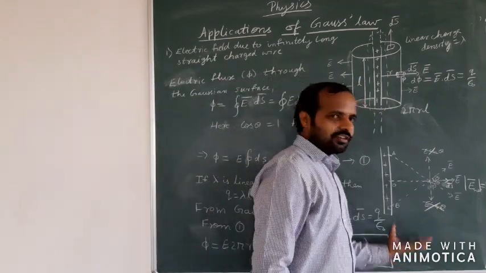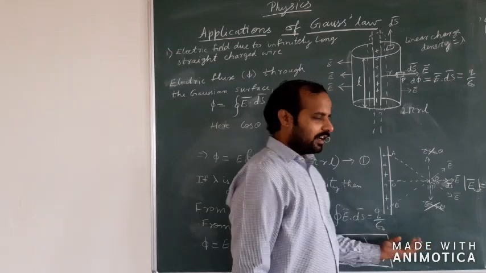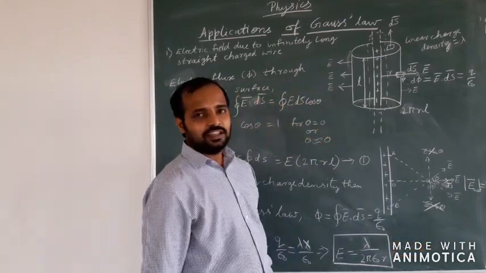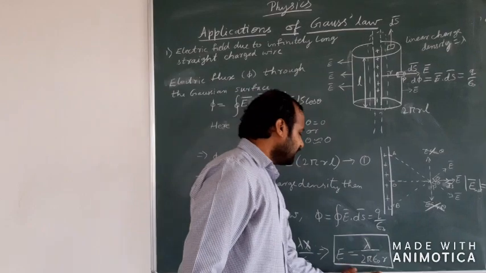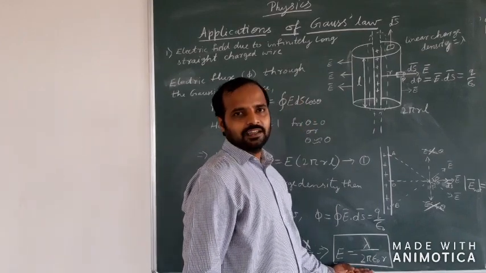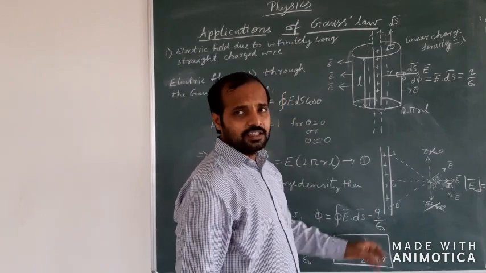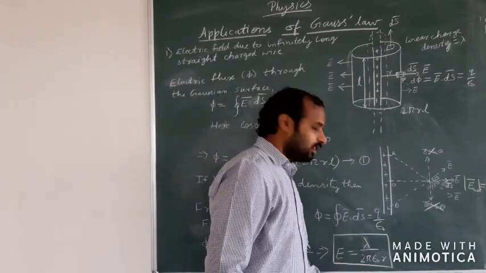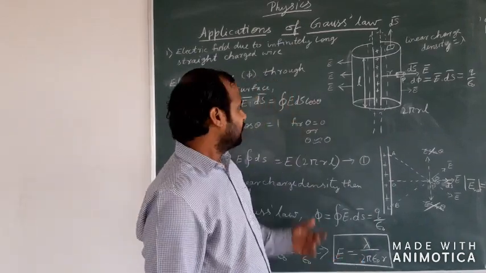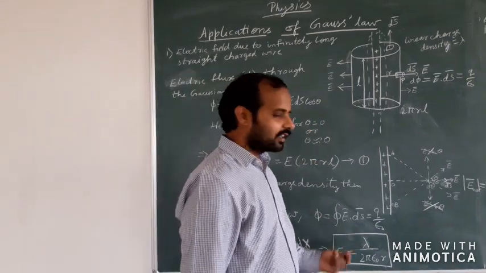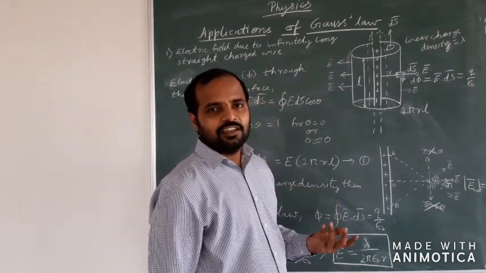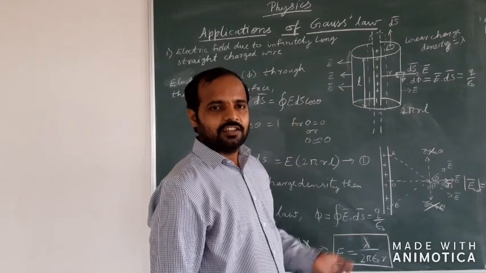So when I apply the Gauss theorem to the symmetric figure and use the linear charge density, I can easily find out the electric field due to an infinitely long straight wire which is charged. So this is how we can apply the Gauss theorem to find the electric field due to an infinitely long straight conductor carrying charges.